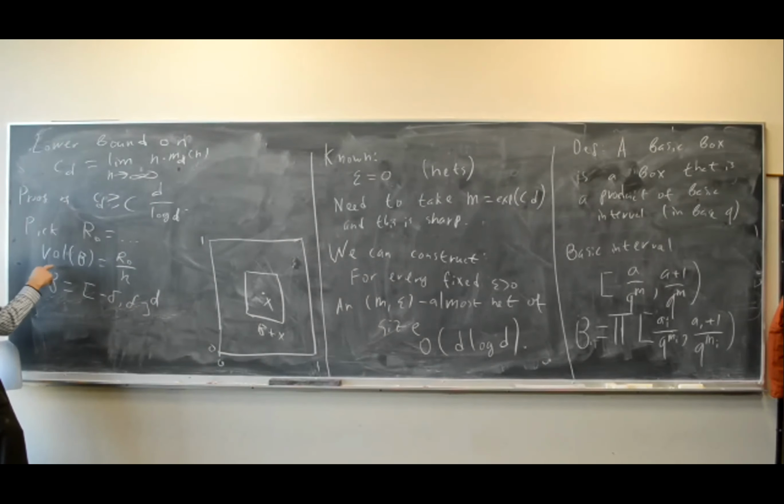Now it became the L infinity norm of this point P. So what I lost is a factor of the L infinity norm of P divided by delta. Good.